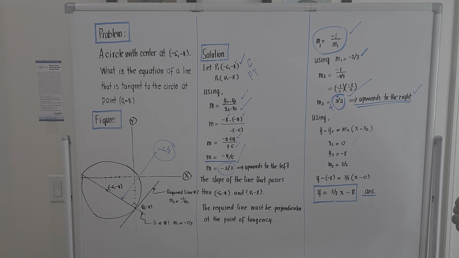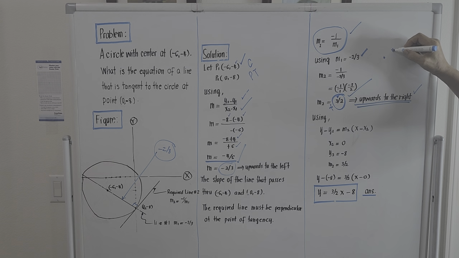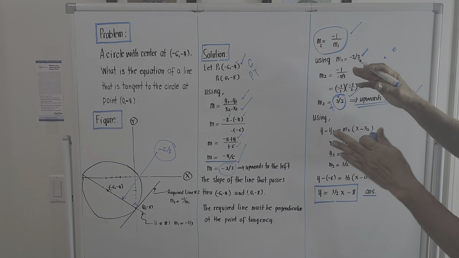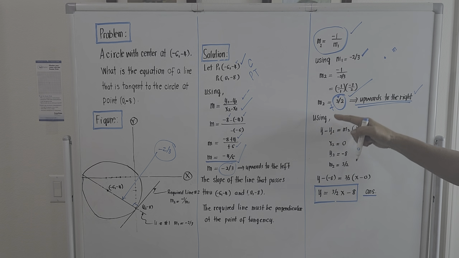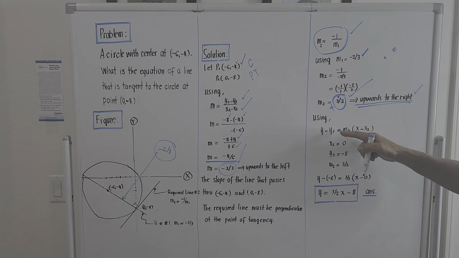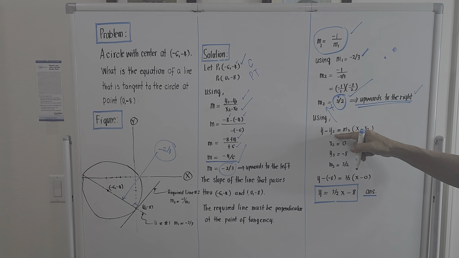So by using the point slope form, if we are given a point and a slope, we could determine the equation of any straight line, right? By using y minus y sub 2 equal to m sub 2 times the quantity x minus x sub 2. Why is this y sub 2? Because the subscript of the required line is 2, so I place 2 here. Okay?